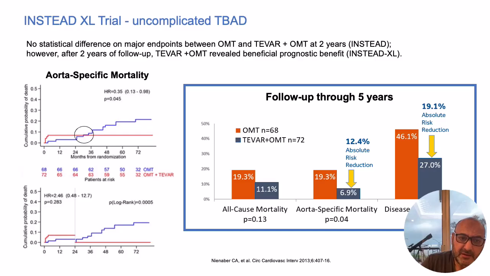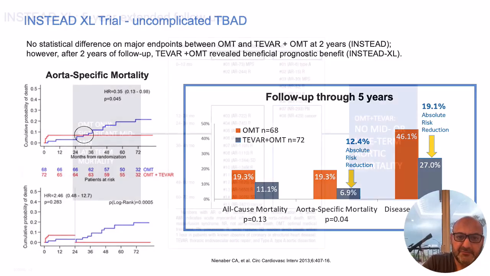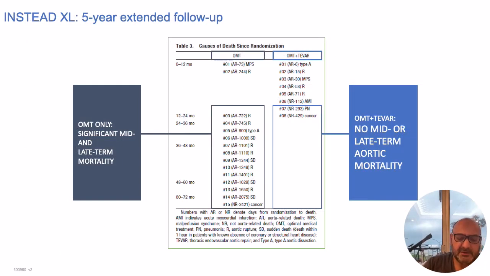And when you look at the disease related problems, they found about a 17% reduction as well. These are sobering numbers. These are big numbers. When you look at the patients on the right hand side of the screen, patients who had undergone optimal medical therapy alone, they found significant mid and long-term mortality.